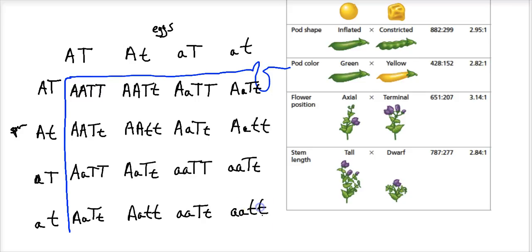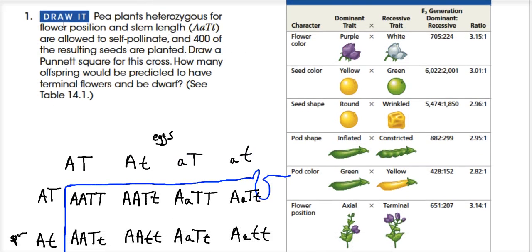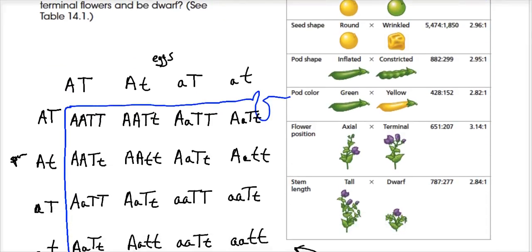Okay, and remember the question. So these are the offspring. This would be the F2 generation from the dihybrid cross if we started from true breeding. And they said, how many offspring are predicted to have terminal flowers and be dwarf? Well, terminal flowers is the recessive gene.